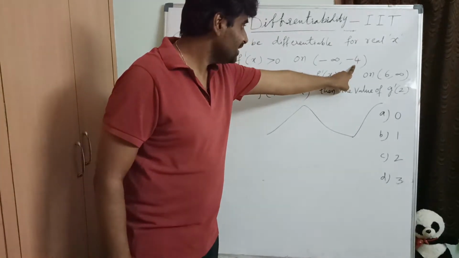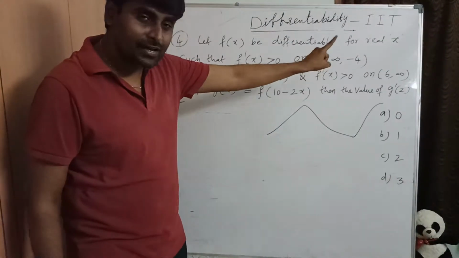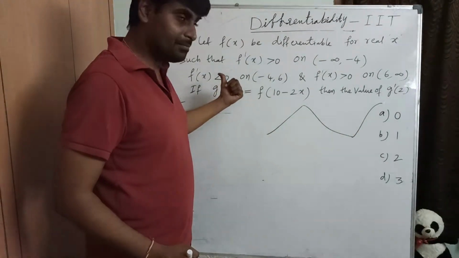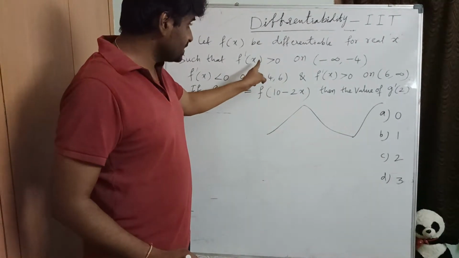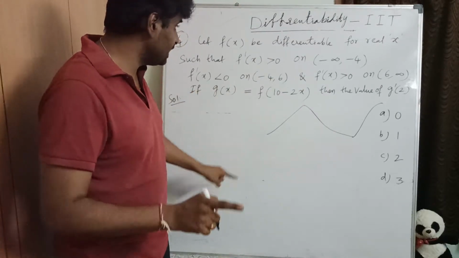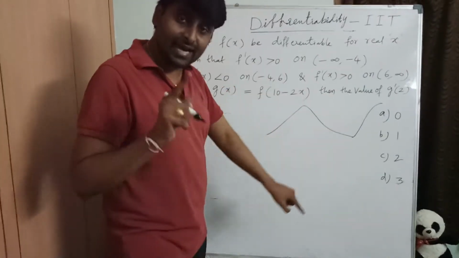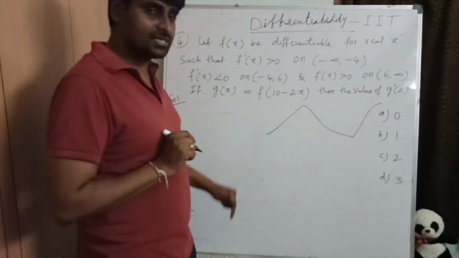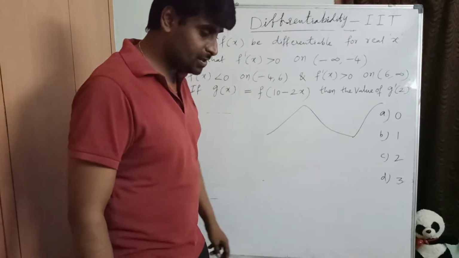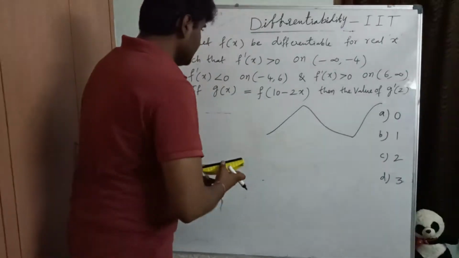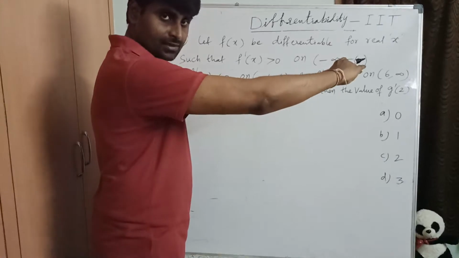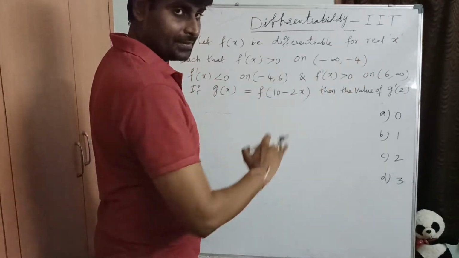What does it mean? f dash of minus 4 is 0. Whenever the function is neither increasing nor decreasing at one particular value, the derivative at that value is 0. Whenever the derivative is 0, the function is neither increasing nor decreasing, it is flat, a horizontal line.